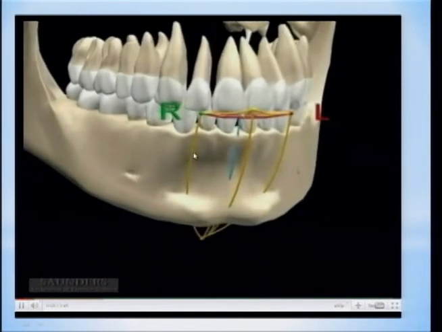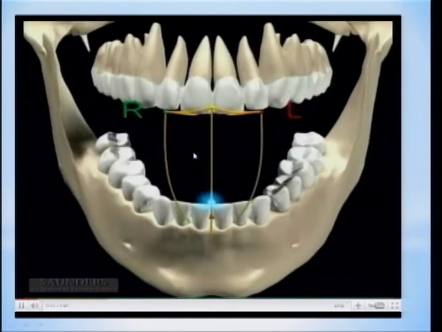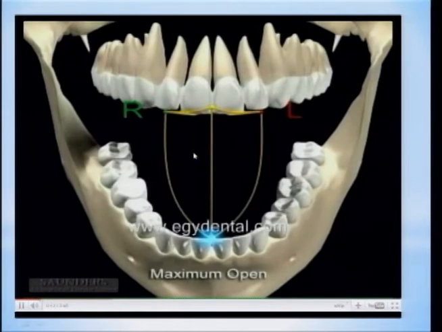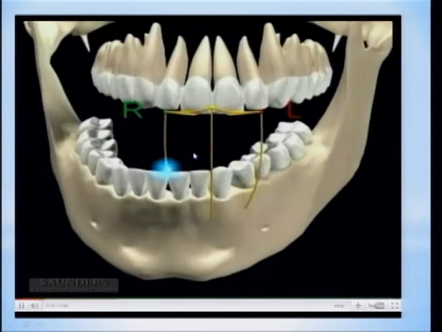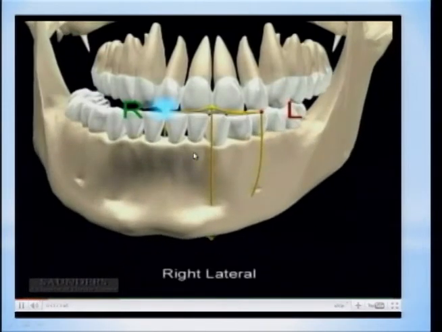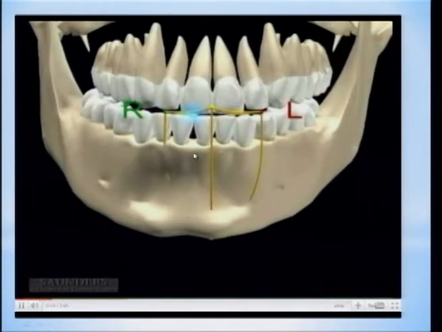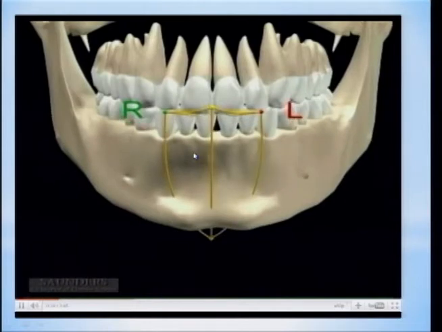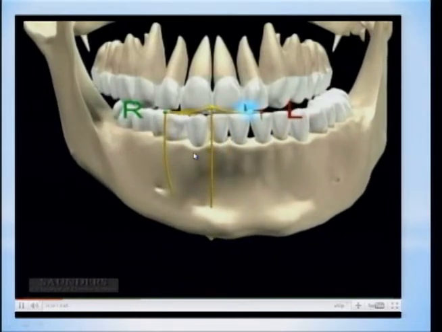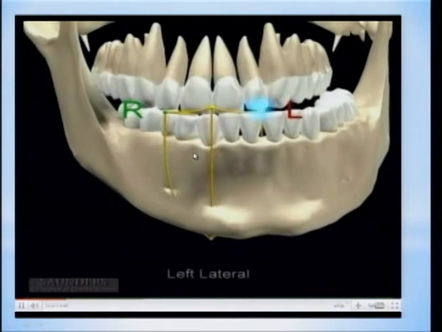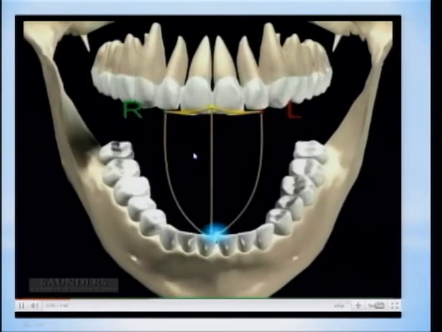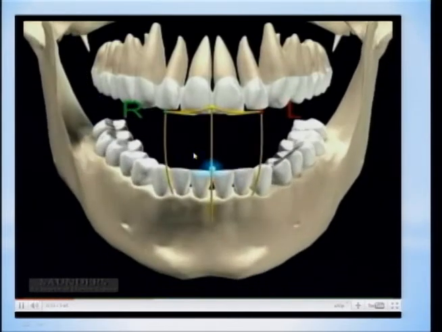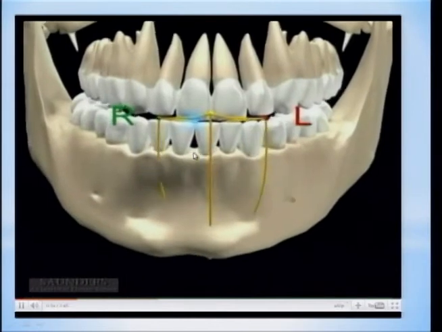This shows the range of motions possible with the teeth. You have the opening, right lateral, exclusive movements. The maximum opening of the jaw, lower jaw.